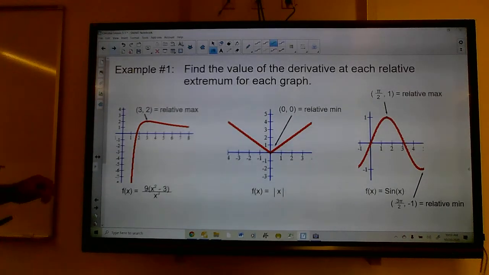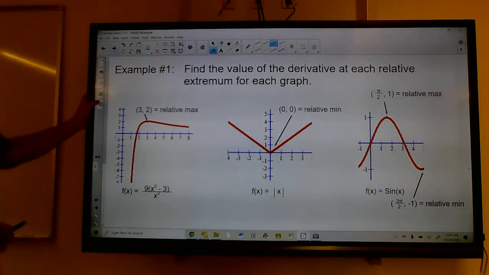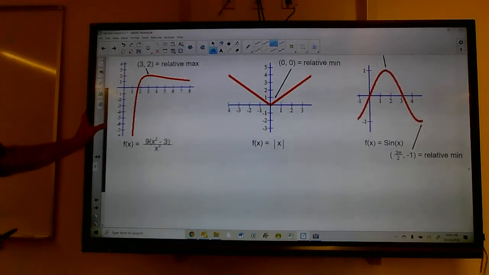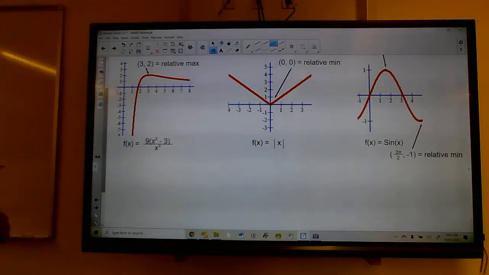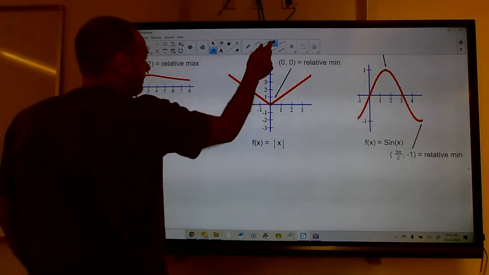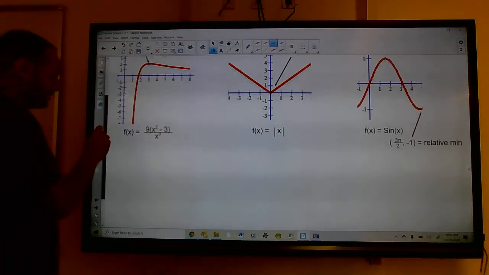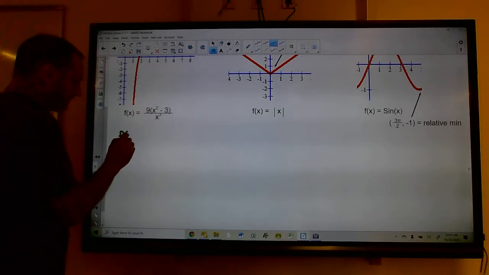Find the value of the derivative at each of the relative extrema for each graph. So this function right here is (9 times x squared minus 3) over x cubed. We're going to have to use the quotient rule on this one to find f prime of x.